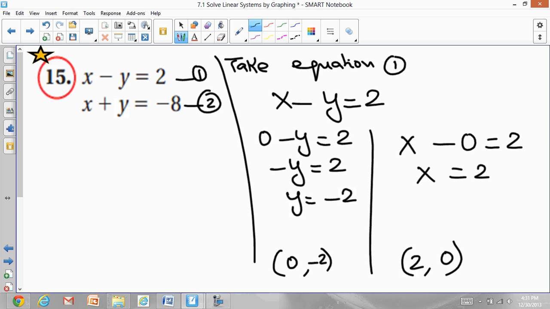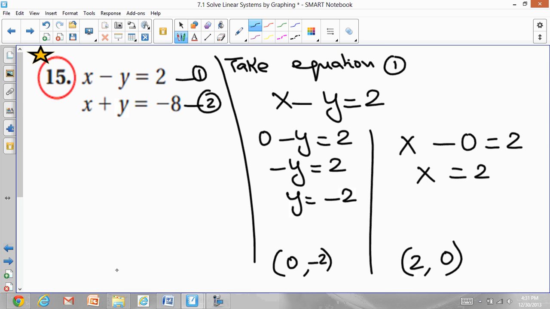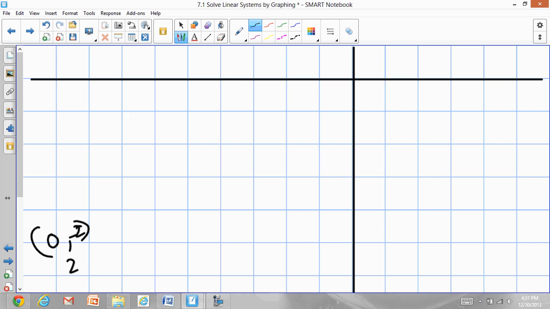So for my first equation, I'm going to go to the graph and graph them. I've got (0, negative 2) and (2, 0). So 0, negative 2 is this, and 2, 0 is this. I'm going to use a line and graph my first equation.